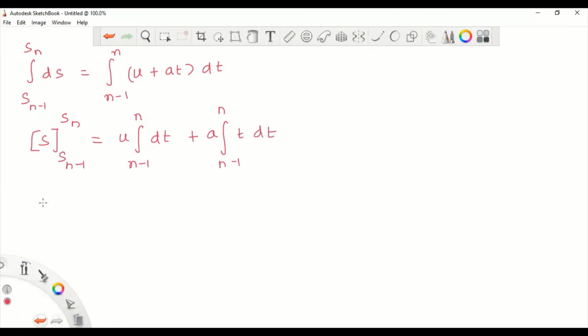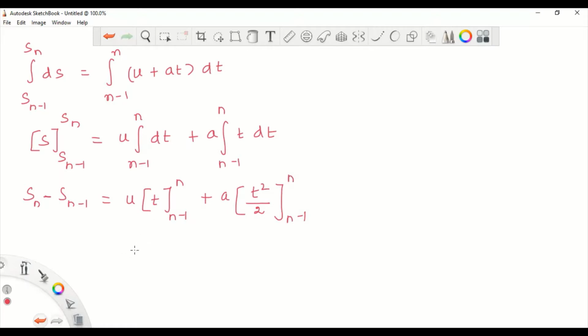So you can write it as upper limit Sn minus Sn minus 1 is equal to u. When you integrate this dt, you will get t, n minus 1 and n, plus a t square by 2, n minus 1 and n. These are the limits.